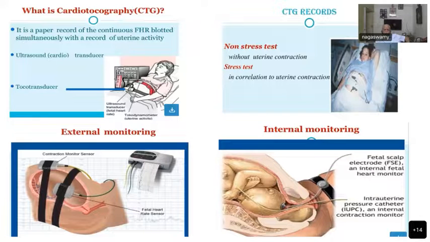Whereas there is another internal method of monitoring where you can insert a fetal scalp electrode to the scalp. Here it is attached, and an intrauterine pressure catheter also can be used, and the same things can be measured. That is, you can measure the heart rate and the contraction, but this is invasive. So the majority of times we don't want to do that because of fear of infection and other things.